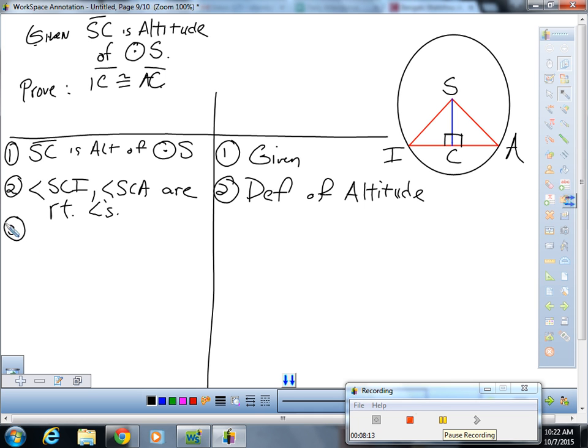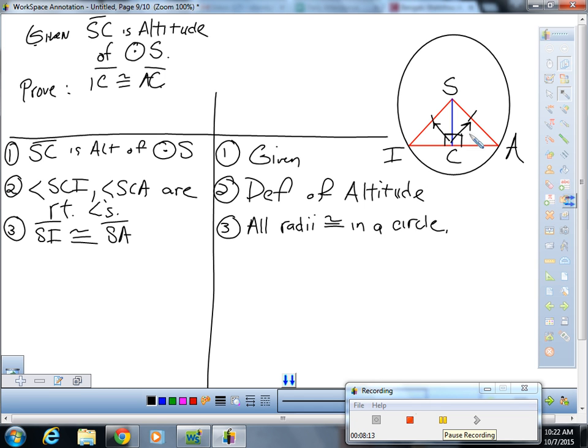Well, SI is congruent to SA because all radii of a circle are congruent to each other. All right, those are my H's. They are across from the right angles.